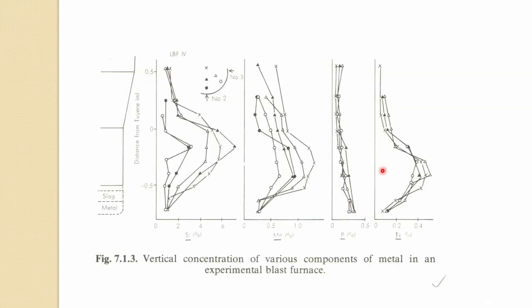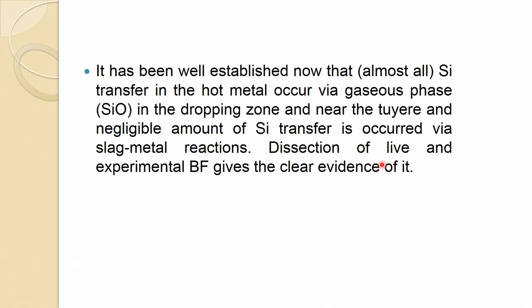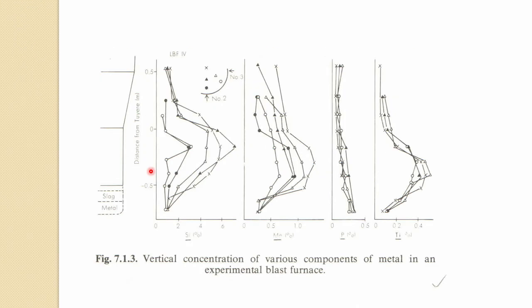Now, this is not the only thing found through the dissection of live or experimental blast furnaces. In fact, it has also been found that at the TUR level, coke is surrounded around the raceway. Even evidence has been found that silicon carbide is formed.